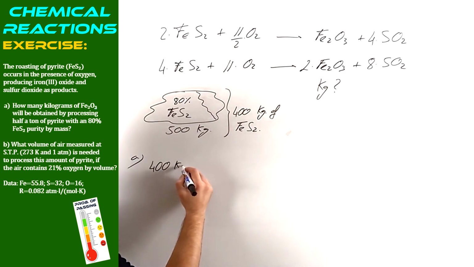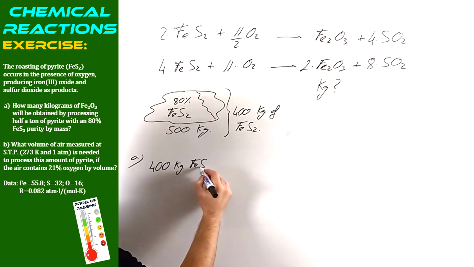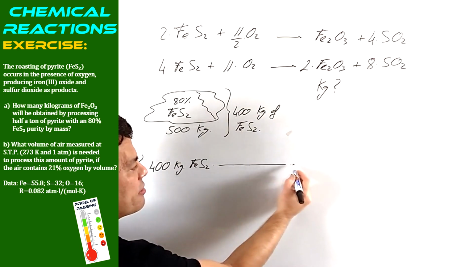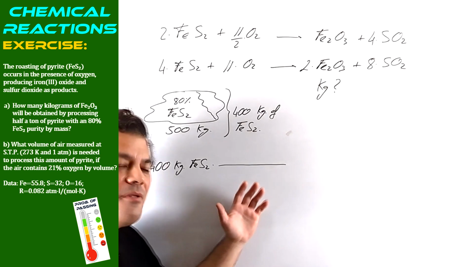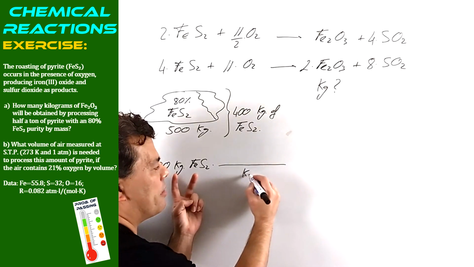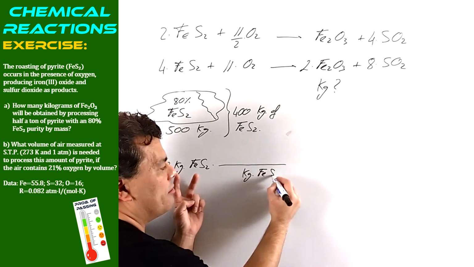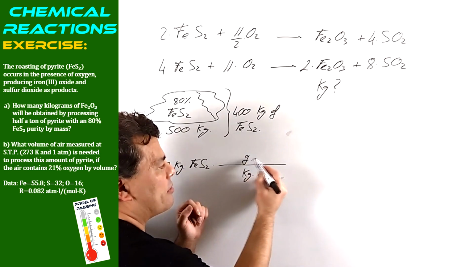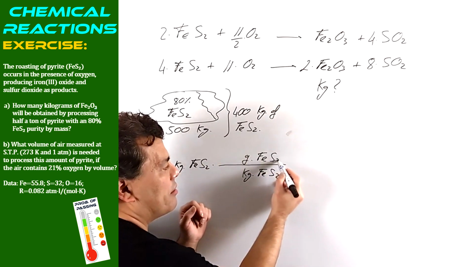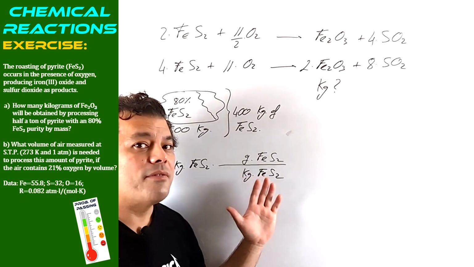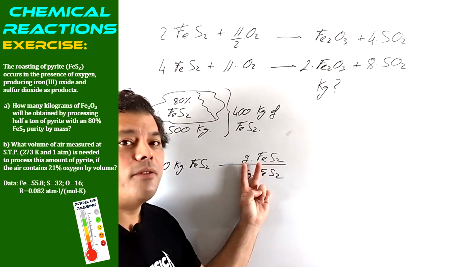400 kilograms of FeS₂, and our first conversion factor will help us to move from kilograms of FeS₂ into grams of FeS₂. Don't forget that it is very necessary to have this data in grams.